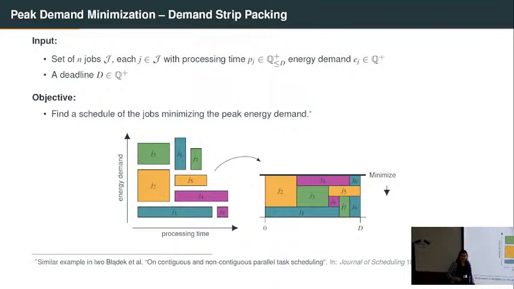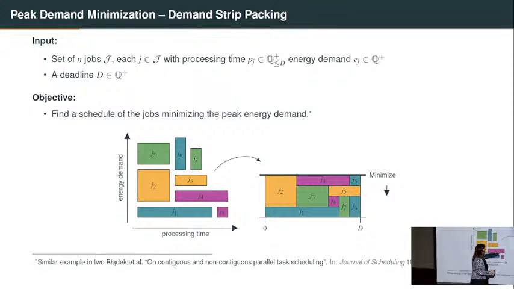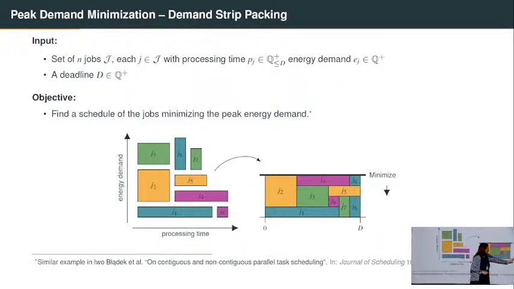How does it connect to makespan? To makespan, it's different actually. So for makespan, we can look at it like this. We have a fixed number of machines, right, and we want to minimize the deadline.